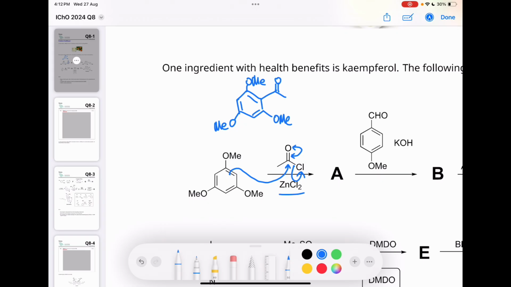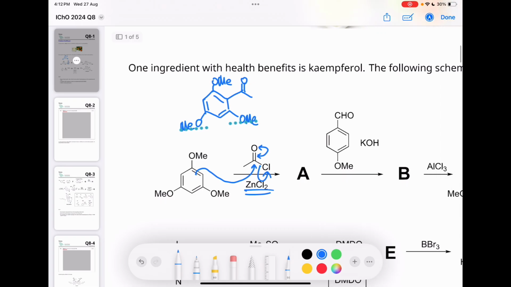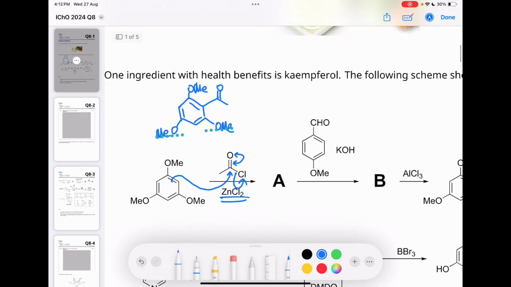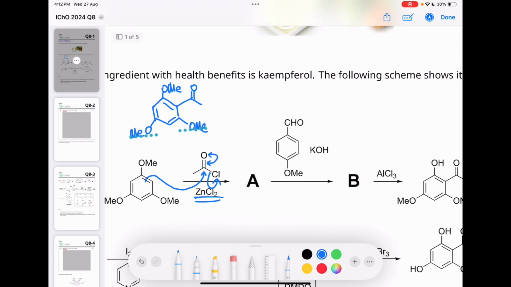So what's the purpose of zinc chloride? Well, zinc chloride is a Lewis acid, so it will act as a catalyst to make this reaction proceed faster, and we can get our compound faster as well. So this is compound A.